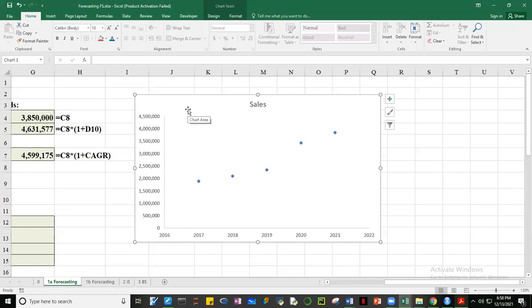It's not parabolic, opening upward or downward or to the right or left. It doesn't look like a polynomial with curves. So question, guys: does the relationship between your sales and time look linear? Please chat yes or no.